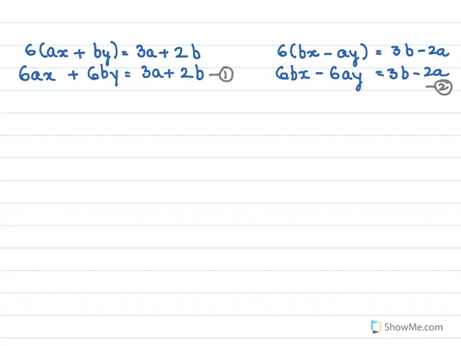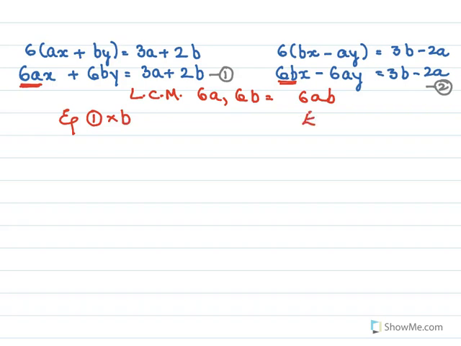Let us examine the coefficients. So examining the coefficient of x, here is 6a, here is 6b. So LCM of 6a and 6b is 6ab. So each of the coefficients I have to make 6ab. So in the first equation, there's already 6a, so I need to multiply it by b. And in the second equation, there's already 6b, so I need to multiply by a.